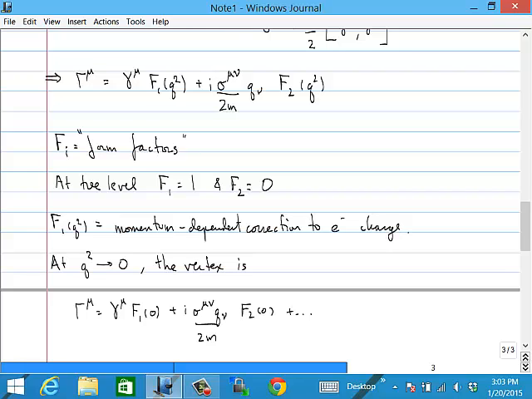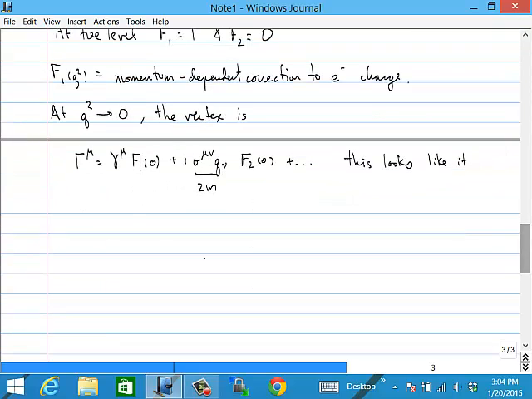And if you think about it, this looks like an interaction term that comes from a correction to the classical Lagrangian.